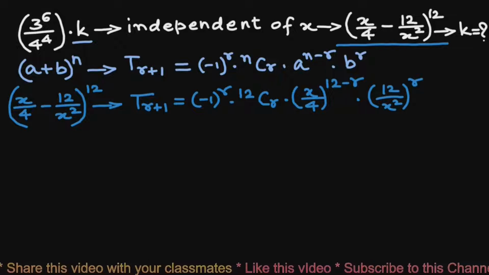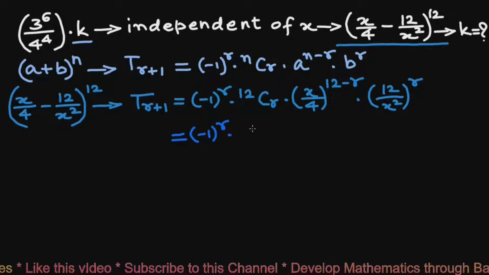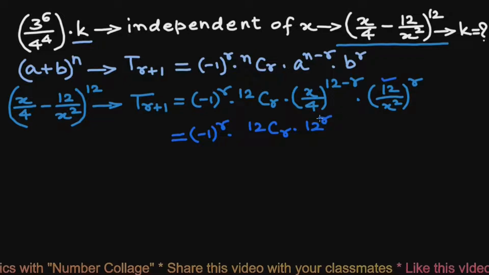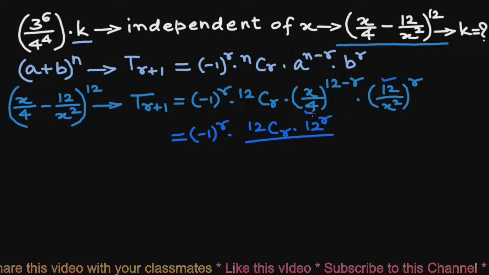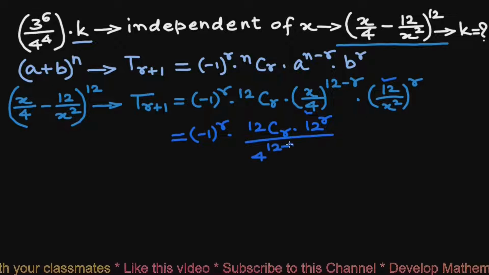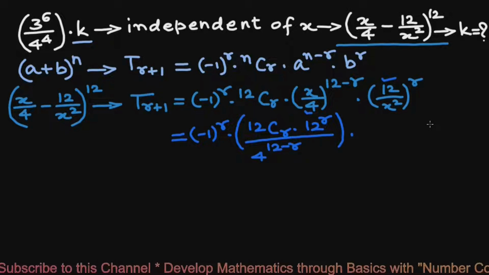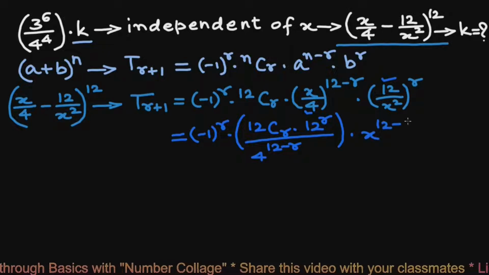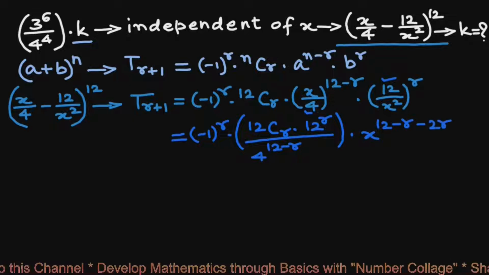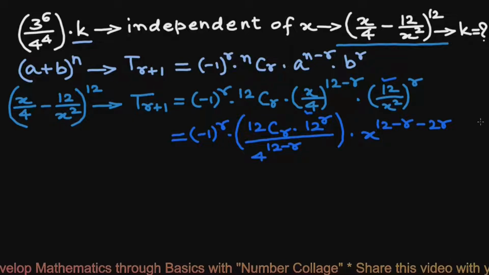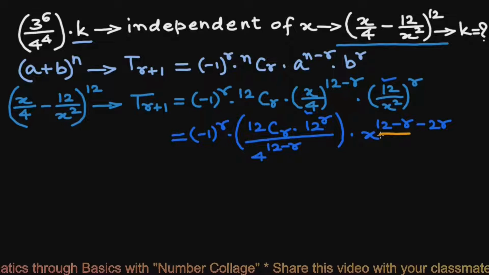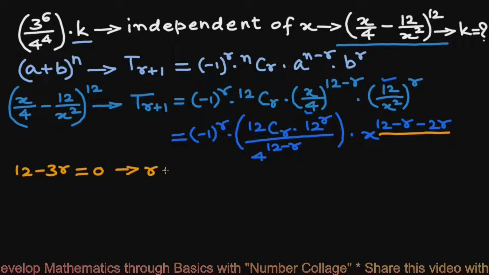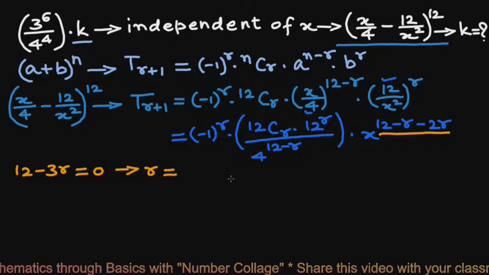So that will be (-1)^r times 12Cr times 12^r upon 4^(12-r), multiplied by the term in x, which is x^(12-r-2r). Now for the term independent of x, this power of x, 12 - 3r, must be 0, which implies r equals 12/3, that is 4.